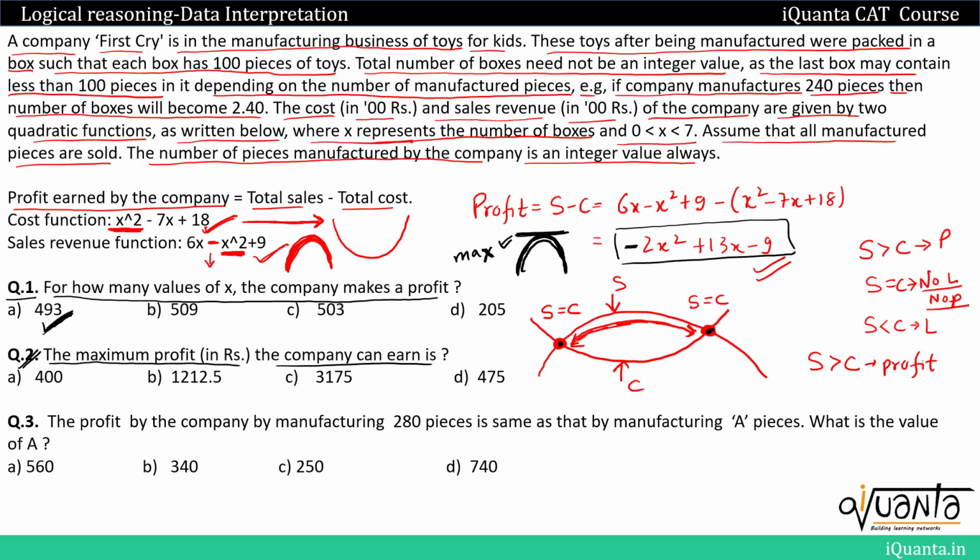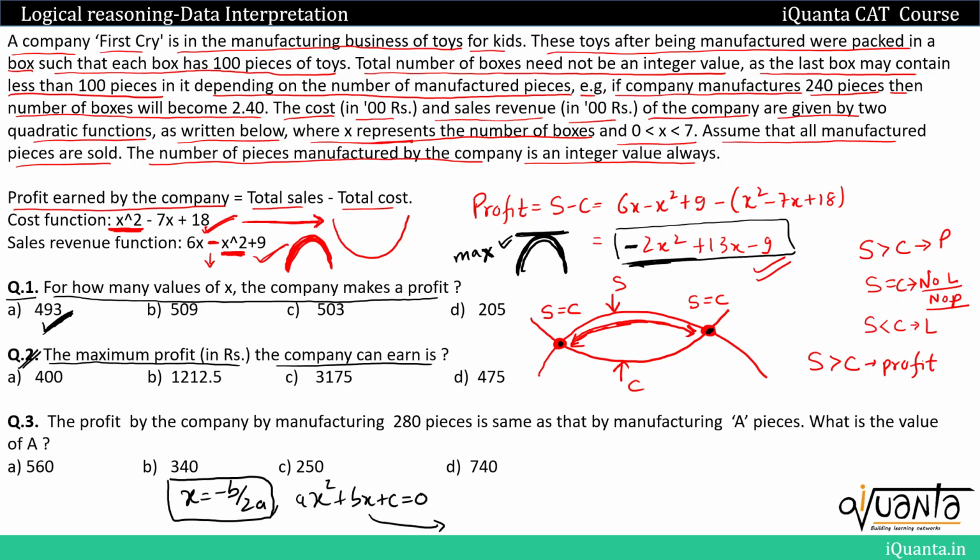For those who know differentiation, it will be very easy, but for those who do not know differentiation, let me tell you that a quadratic function attains its maximum value at x equals to minus b upon 2a. So if we have an equation like ax square plus bx plus c, which is a quadratic equation, then this will attain its maximum value at x equal to minus b upon 2a.